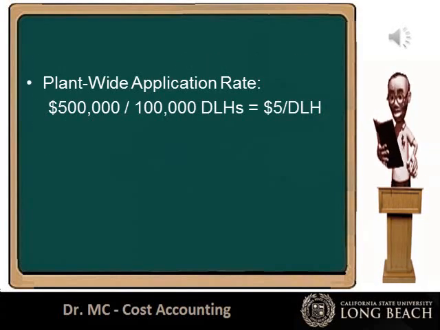Assume that the factory currently applies overhead using one predetermined overhead rate for the entire factory. The firm calculated the predetermined overhead rate of $5 per direct labor hour by dividing $500,000 of overhead costs by 100,000 direct labor hours.